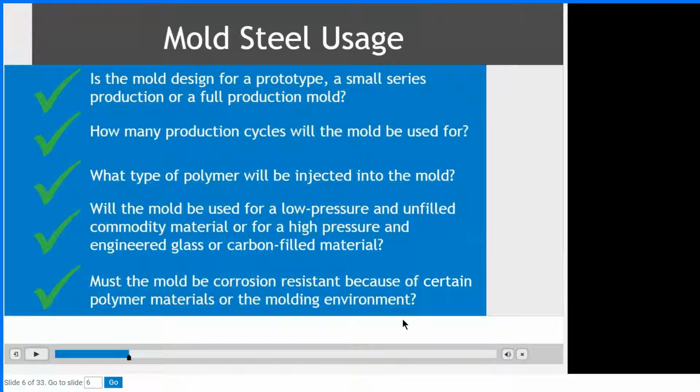Of course, there are many more reasons for determining what mold steel is correct. Again, these are just a few. And remember, when we go through these lessons, this is a training lesson, so there will be a lot more things that are necessary to really determine the ultimate mold steel for each application. But for example, corrosion resistance.